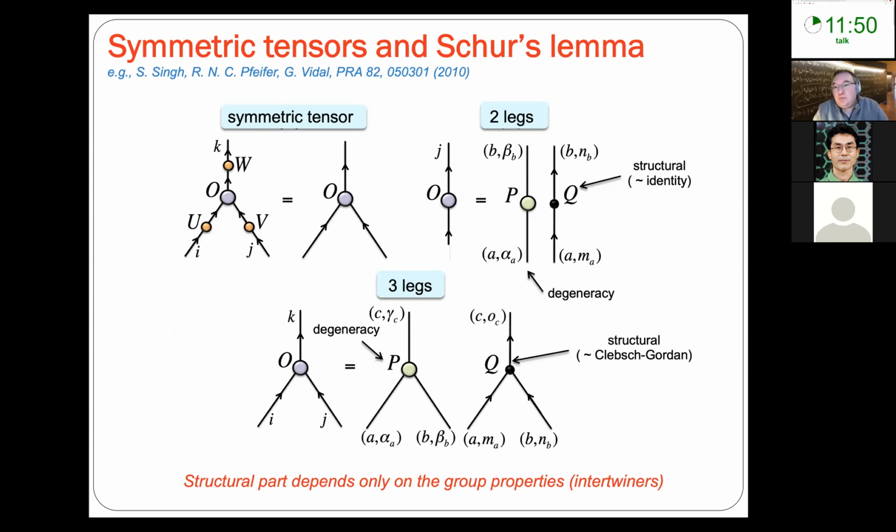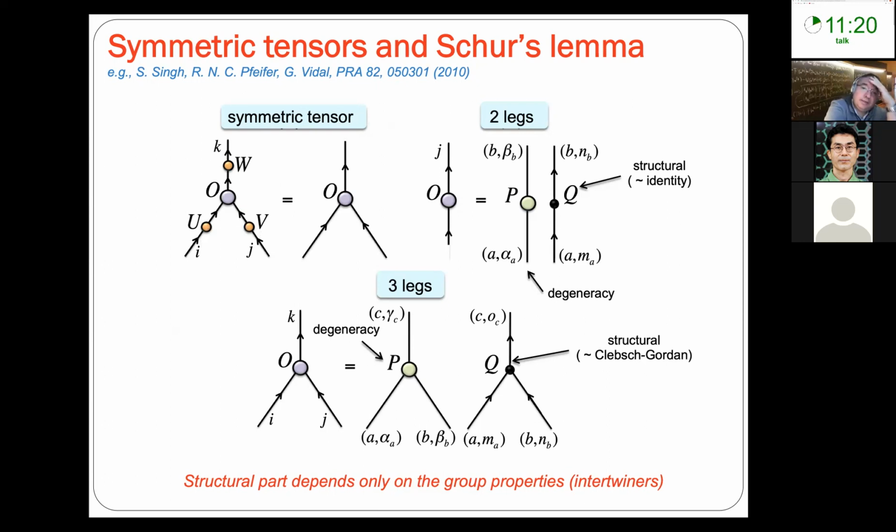For the case of symmetries in tensor networks, this is what happens because of Schur's lemma. When you have a symmetric tensor, which is essentially what we have here on the left-hand side, it means that the tensor is invariant. Okay, it will also be covariant, but let's take it invariant under the action of the group. So we have some matrices that correspond to representation of the symmetry group, and the tensor is invariant. This automatically implies that the tensor decomposes in two pieces.